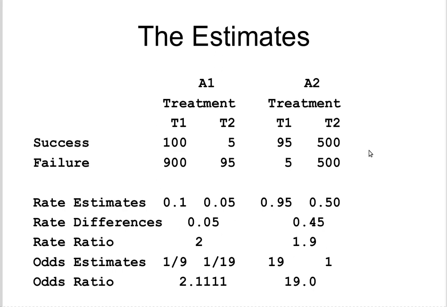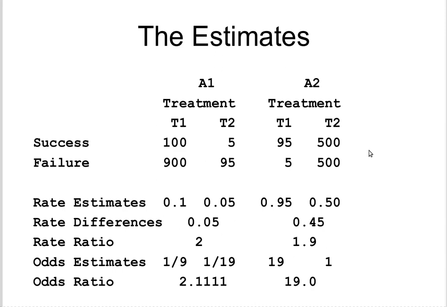And these numbers can be computed. That's not the hard part. We can see, for example, the success rate for those receiving pretreatment 1 and were in the surgery group A1 is 100 over 1,000, or 0.1.